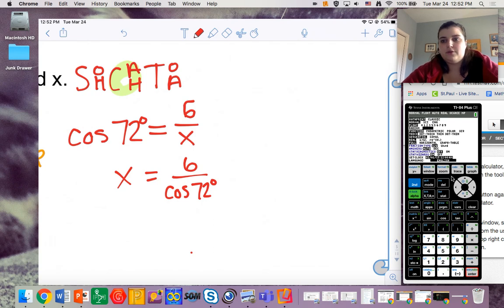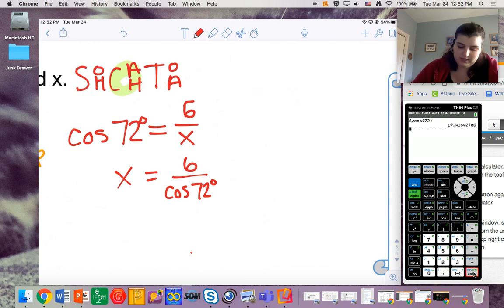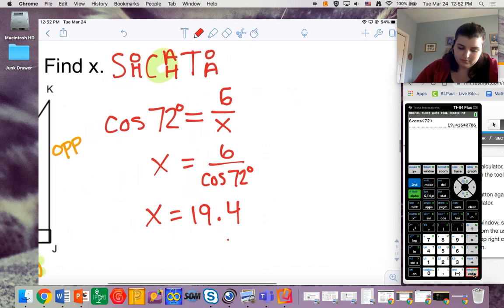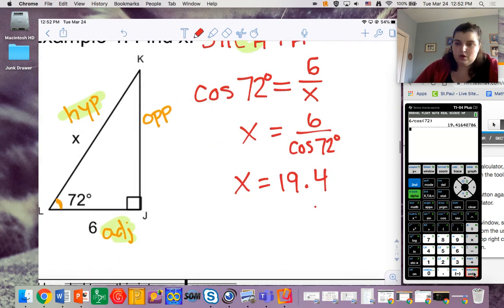Okay, on my own calculator, I can set it and forget it, but that's not going to be the case with these calculators. So I'm going to quit and come back here. 6 divided by cosine of 72 degrees gives me 19.4 as the length of x. Okay, so that's how long that side is.